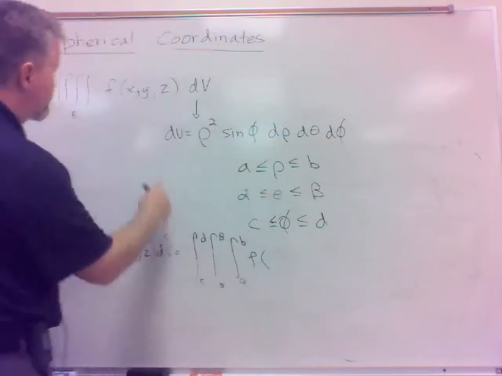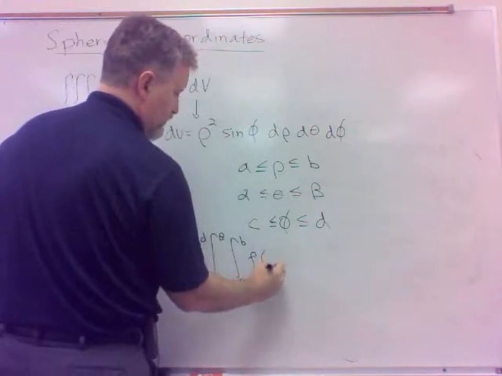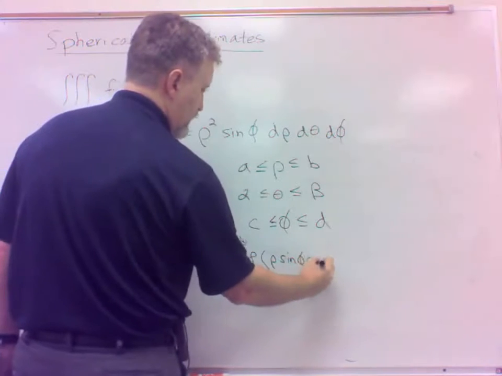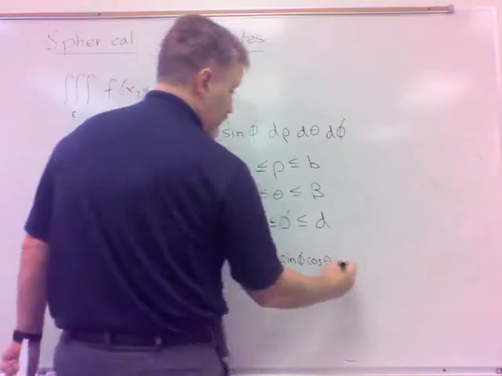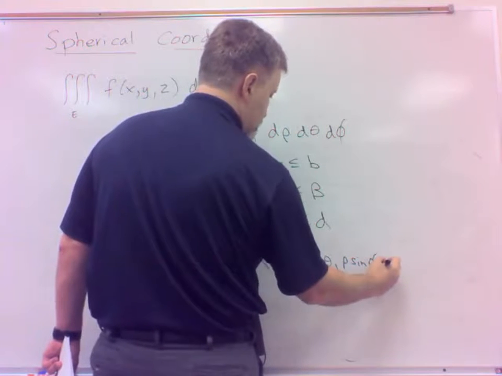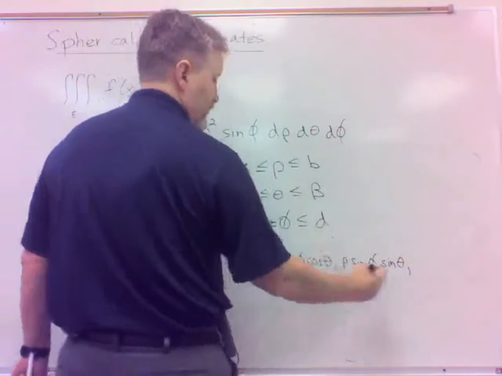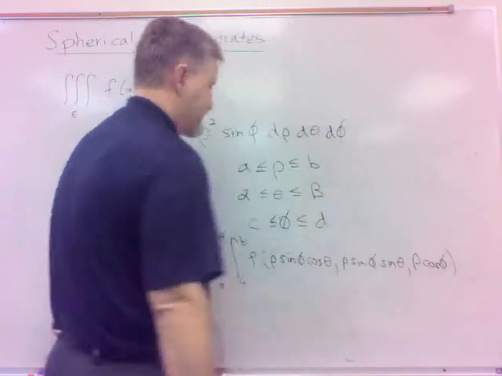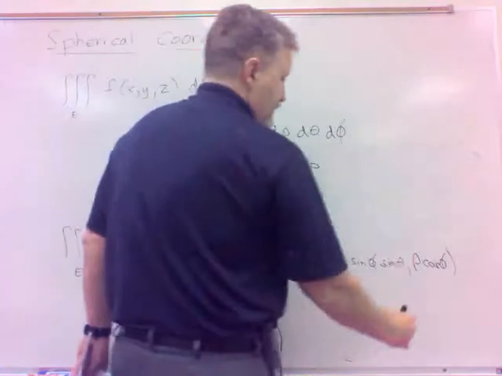Now, because of the conversions, we know x is r cosine theta, so that would be rho sine phi cosine theta. y is r sine theta, so it would be rho sine phi sine of theta. And then z is rho cosine phi. So based on those conversions, convert your f to whatever function that is.